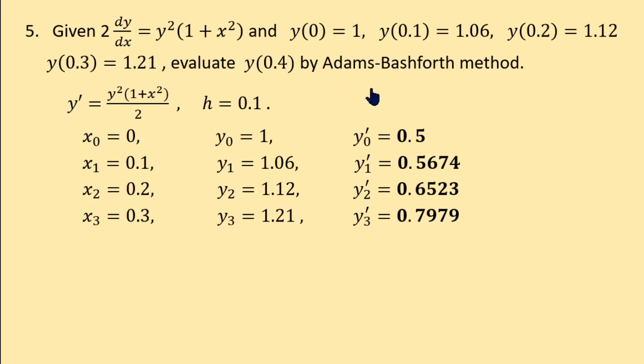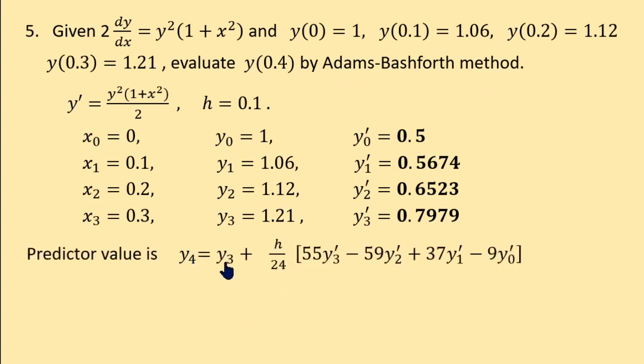Predictor formula of Adams-Bashforth is y4 equals y3 plus h by 24 [55 y3 dash minus 59 y2 dash plus 37 y1 dash minus 9 y0 dash]. y3 is 1.21 plus h, the increment in x, is 0.1, so 0.1 by 24 [55 into 0.7979 minus 59 into 0.6523 plus 37 into 0.5674 minus 9 into 0.5].